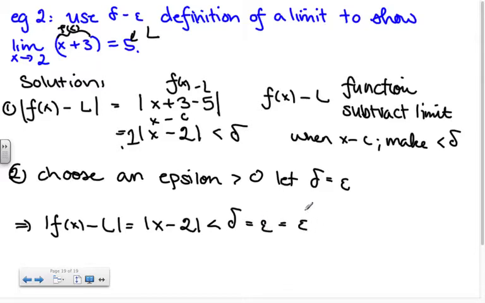So everybody got the kind of idea. The idea is that we're defining a region so that we can show this to be true.